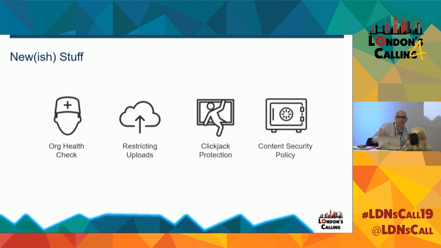There's a new feature called content security policy as well. If anybody remembers the British Airways hack where all those credit card details were stolen, if they'd had their content security policy set correctly, that wouldn't have happened.